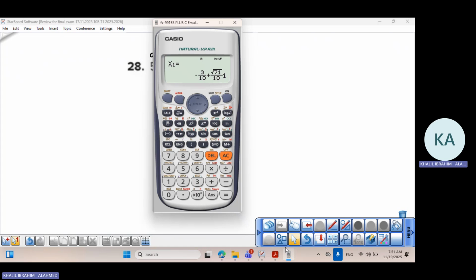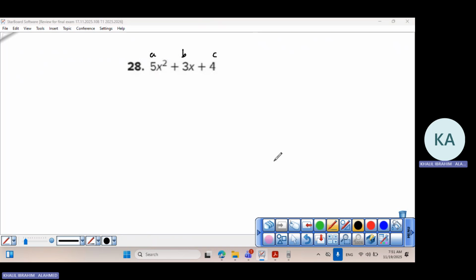If the answer is prime, we can write this. It's easy now. We cannot find roots in real numbers. We can write here prime. Prime. Yes. Be careful about this.